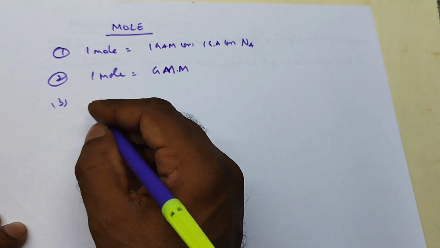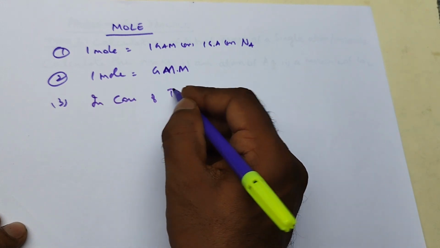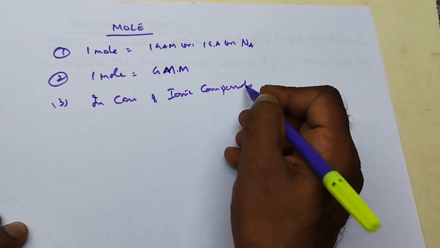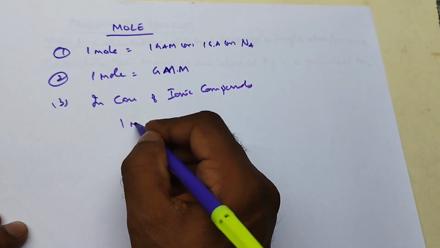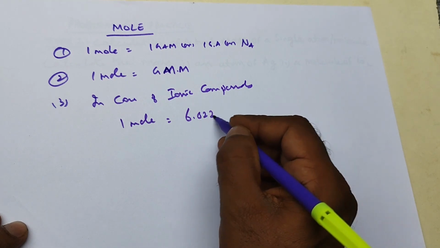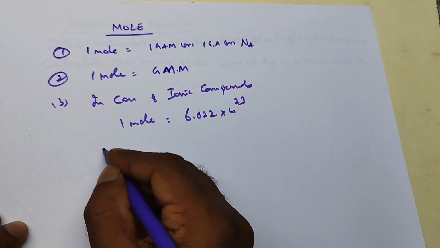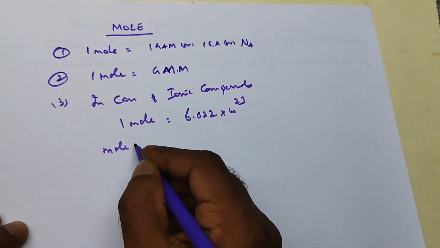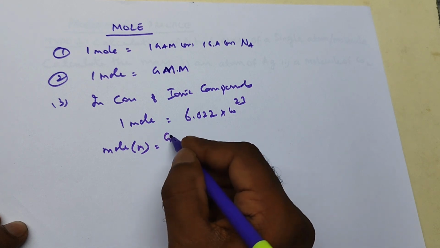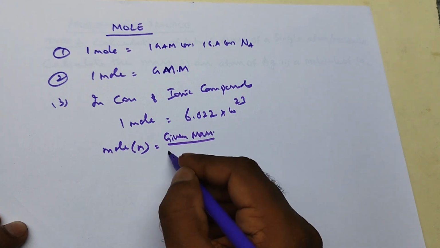In case of ionic compounds, one mole contains the Avogadro number of particles, that is 6.022 into 10 to the power of 23. More specifically, mole is denoted by the letter small n, which means given mass by molar mass.